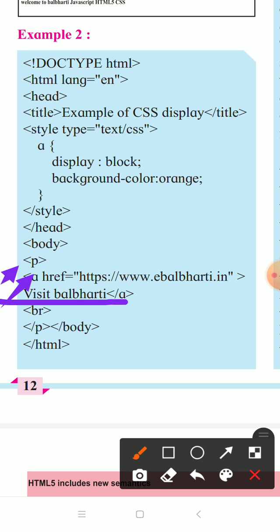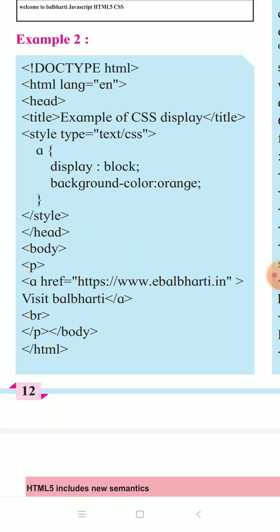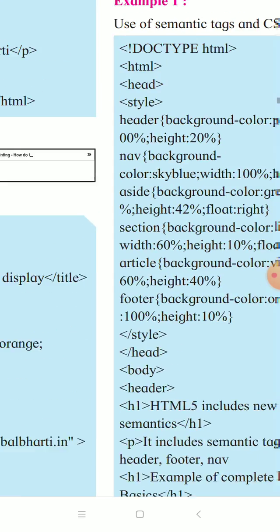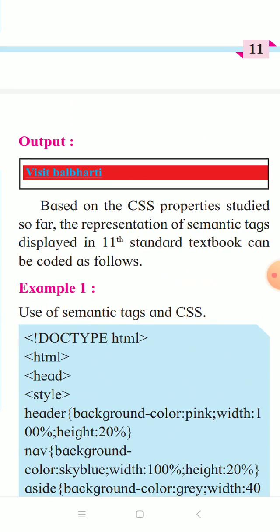Here in this program, see visit Balbharti is displayed in block. See here in output, you have to see the output. See here, this is the output for the program.